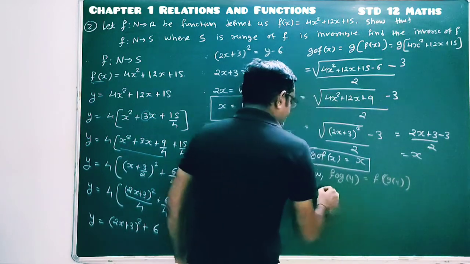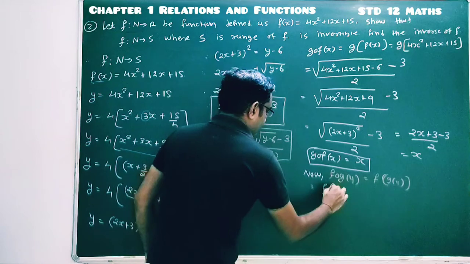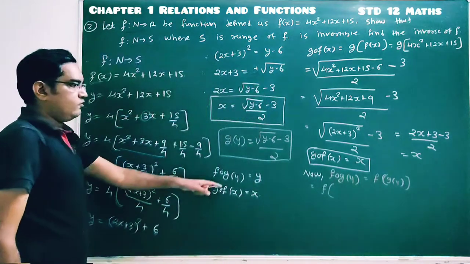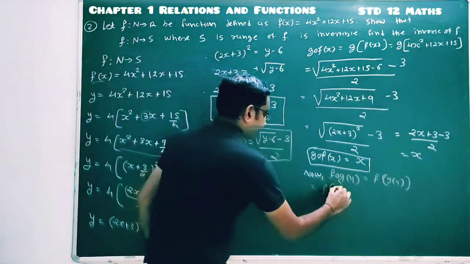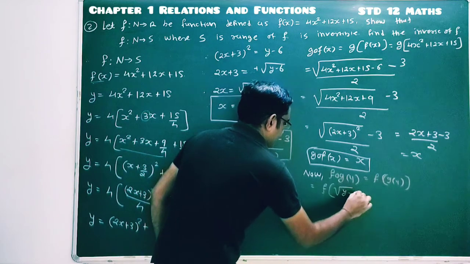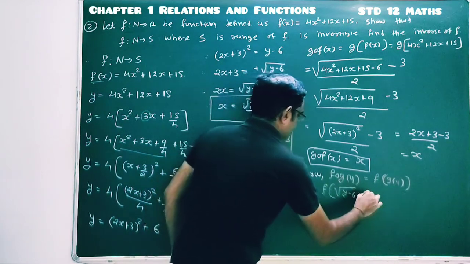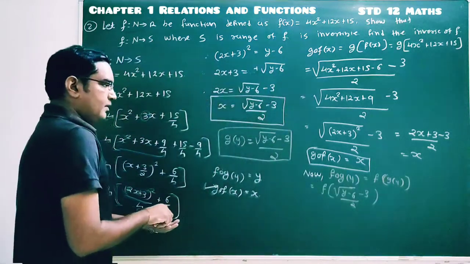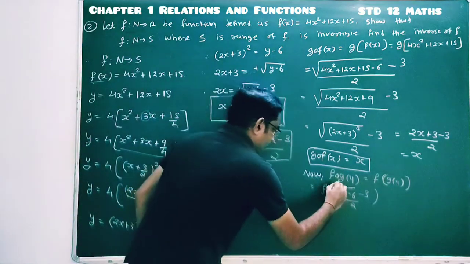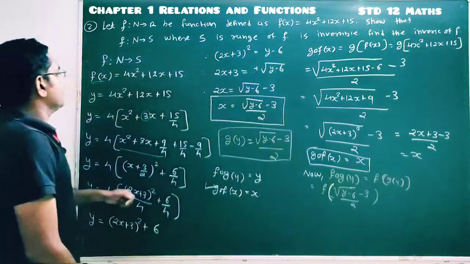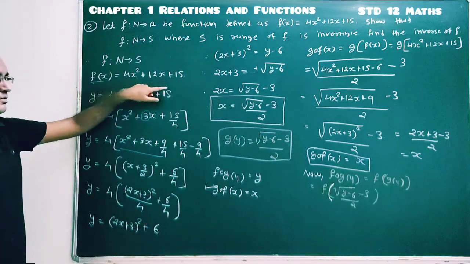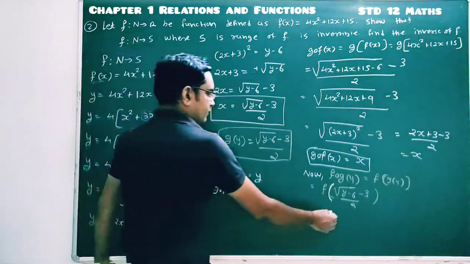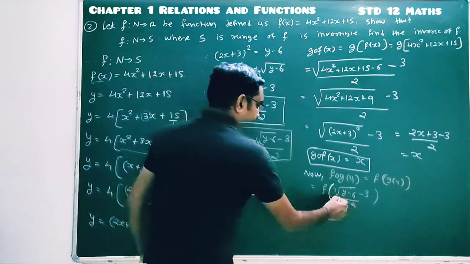So what is f of gy? F of g of y is the square root of y minus 6, minus 3 by 2. Now we have to apply the definition of f of x. F of x will give us 4x square plus 12x plus 15. So instead of this x, we have to put this value.